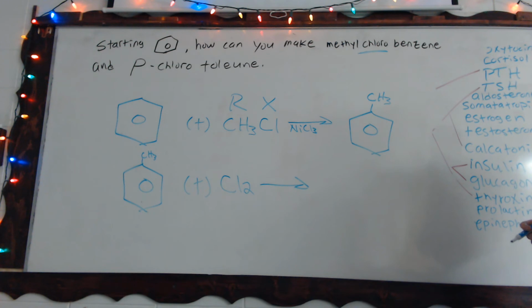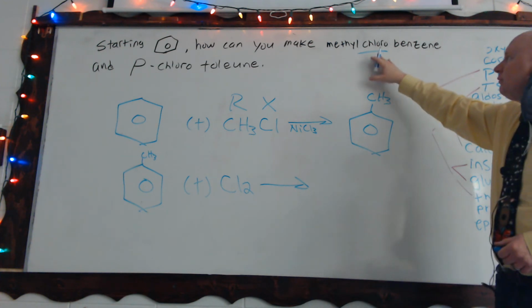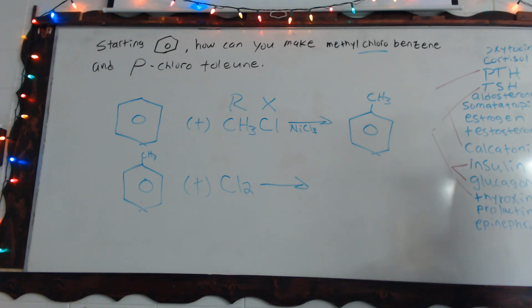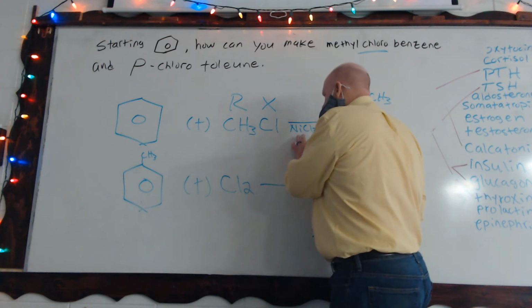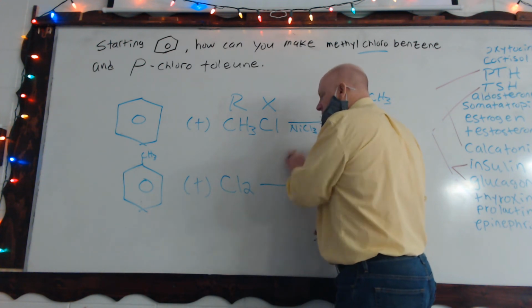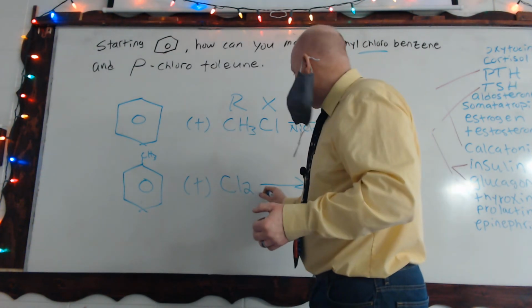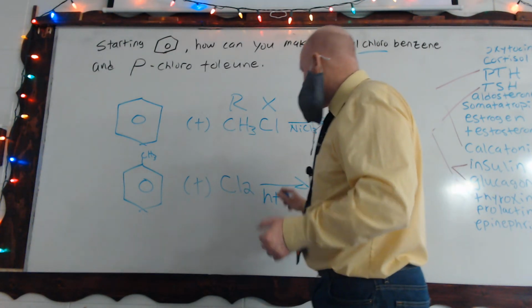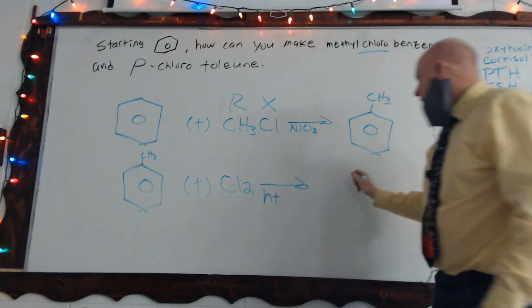So what that means, since we wrote this first, we underlined that, we'll go ahead and do this one first. And what that means, if we put another metal halide down here, that's going to react totally different than with this. Heat would be the catalyst that we want to get this on here.